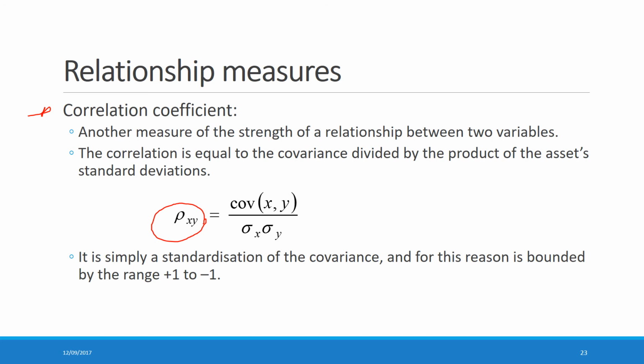The only difference is that the correlation is a standardized measure, in the sense that it ranges from -1 to 1. It's more or less like a percentage number, telling you how much asset A would move when asset B moves. If the correlation is 50%, it means that if asset A moves by 1 unit, asset B would move by 0.5 unit.